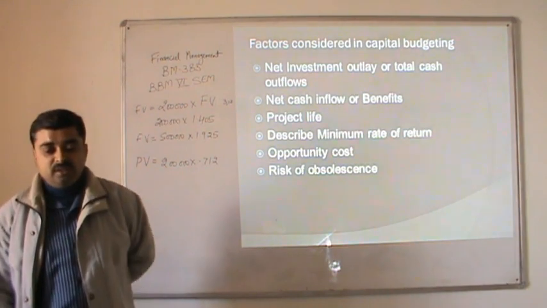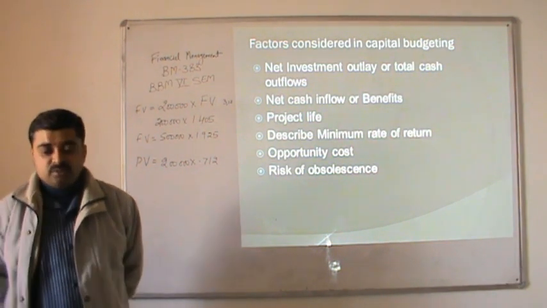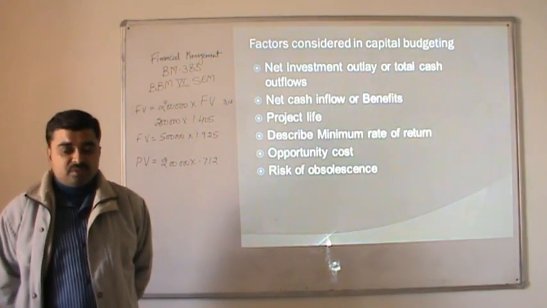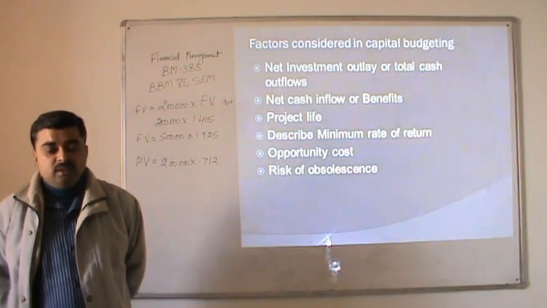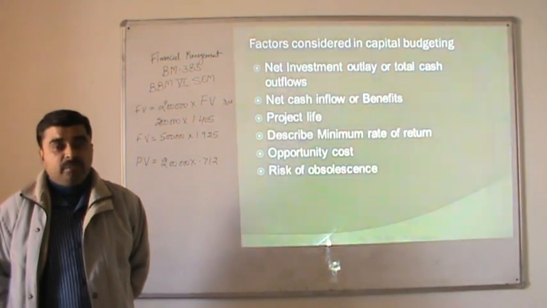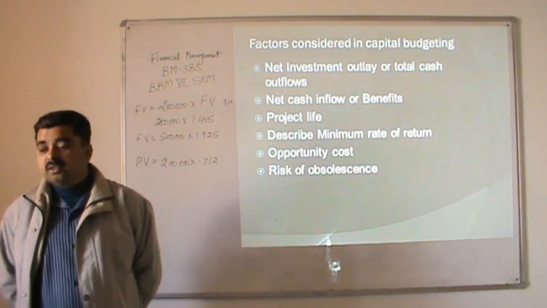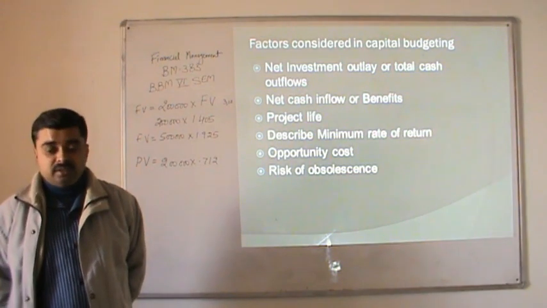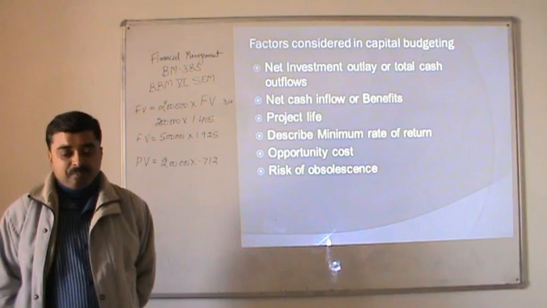So what will be the cash inflows and cash outflows? That is our first factor which we have to consider. Similarly, the net cash inflow also includes benefits, like tax benefits and efficiency increase. Those benefits are also considered for this purpose.